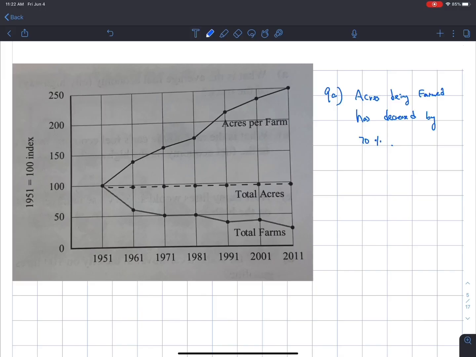So let me double check the answer key. They probably just want us to say that it has decreased. Question 9A. Oh, it has not changed. Total acres being farmed. Okay, I see.